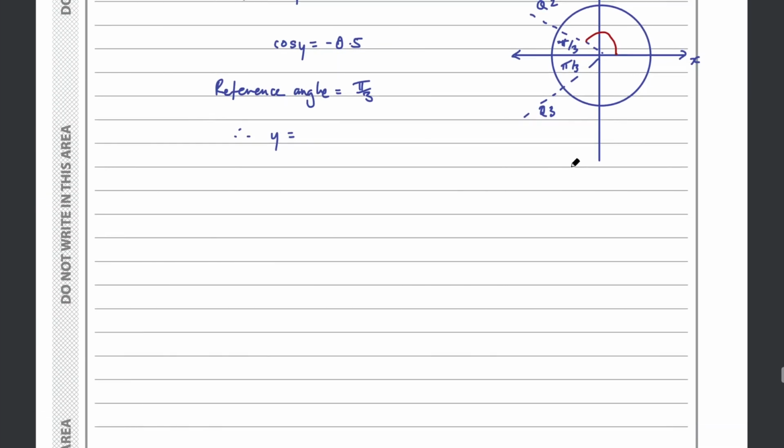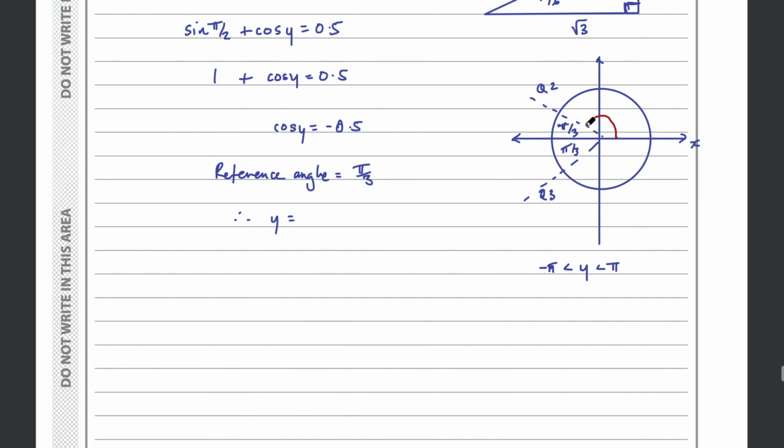Okay, so let's write that down here. Negative pi to pi was the range for y. So therefore, that means this angle will be within the range, and also this angle around here will be within the range.